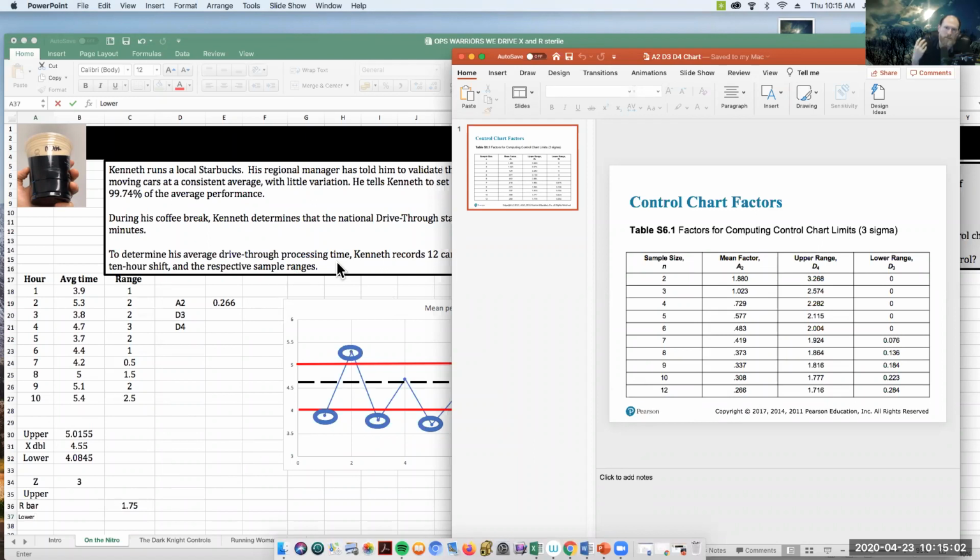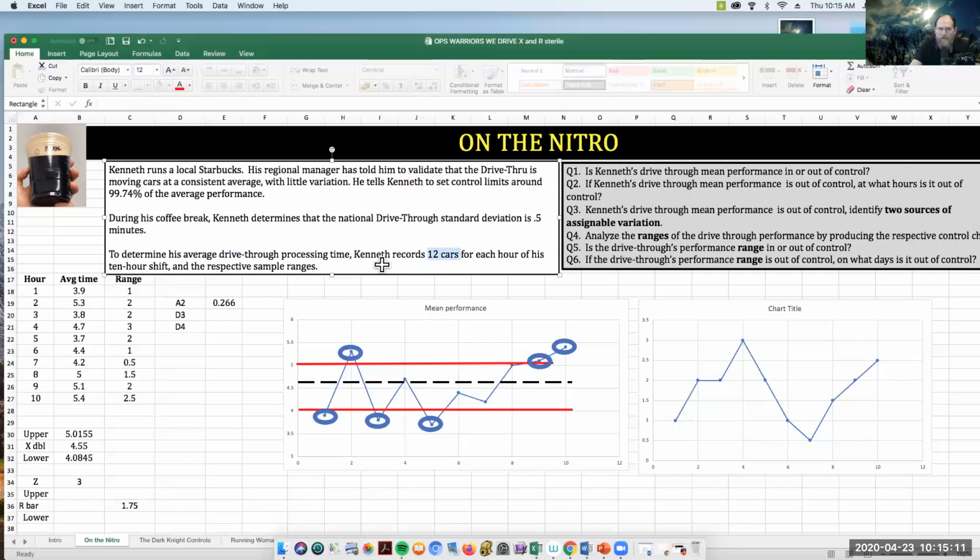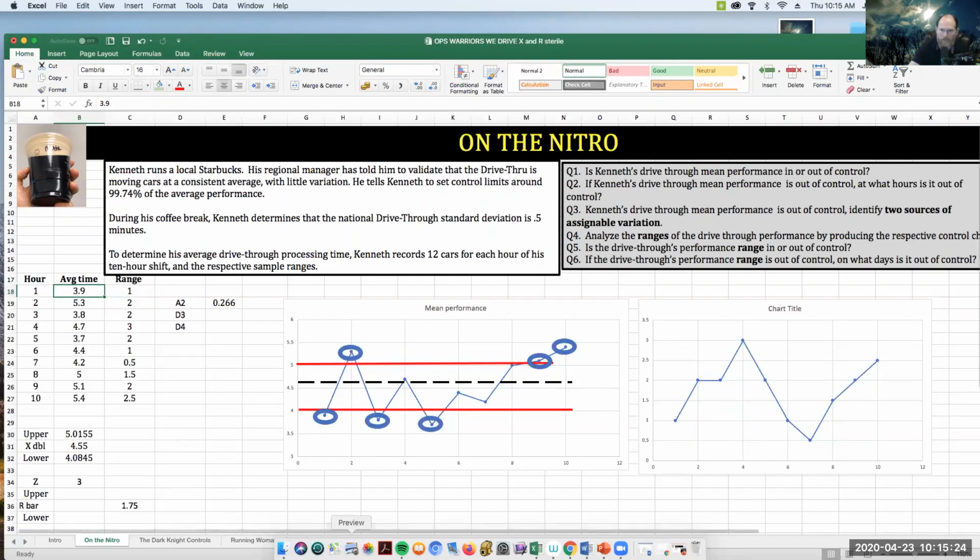Kyle is right. I want to make sure we got the right terminology. We have a sample size of 12. Each one of these, Kenneth took 12 cars. We actually have 10 samples. So remember, number of samples is not the same as sample size. All right.